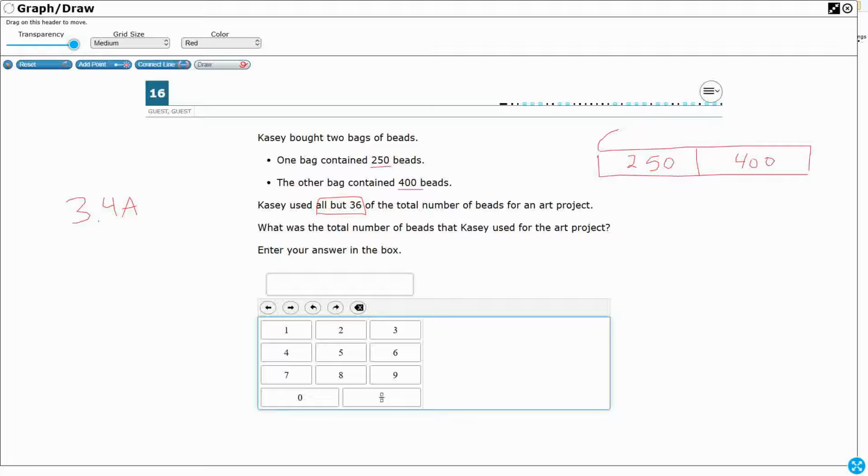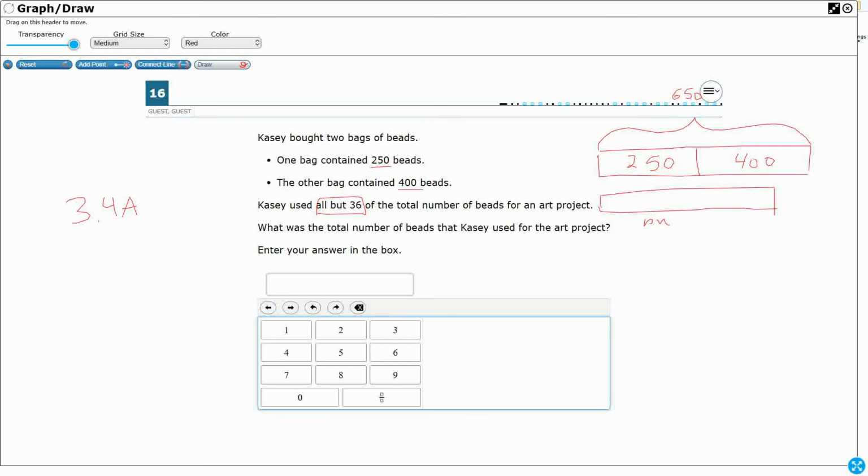Now, they use all but 36 of the total number of beads. Well, what is our total number of beads? Let's figure this out. 250 plus 400, I'm just going to change that hundreds digit from 2 up to 6. So that's 650. And they use all of it except for 36. And so what I want to do here is draw a different bar down here to show the project.